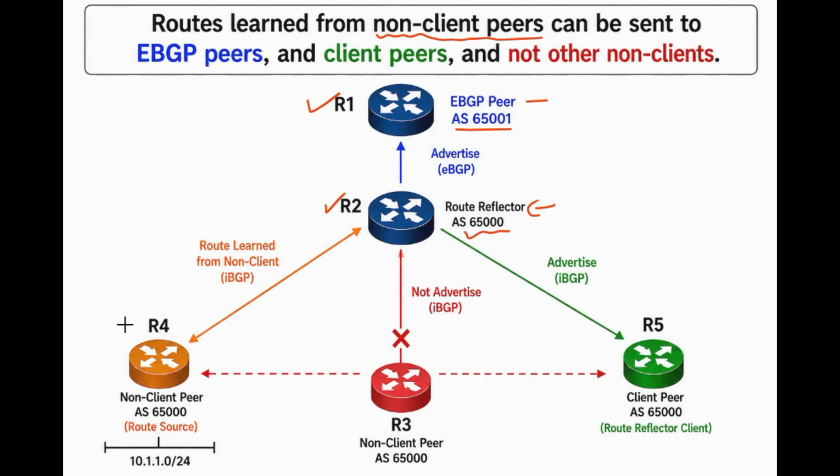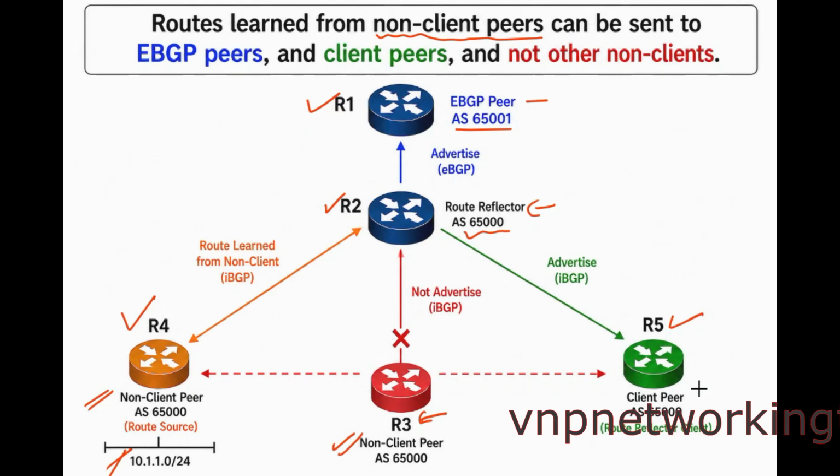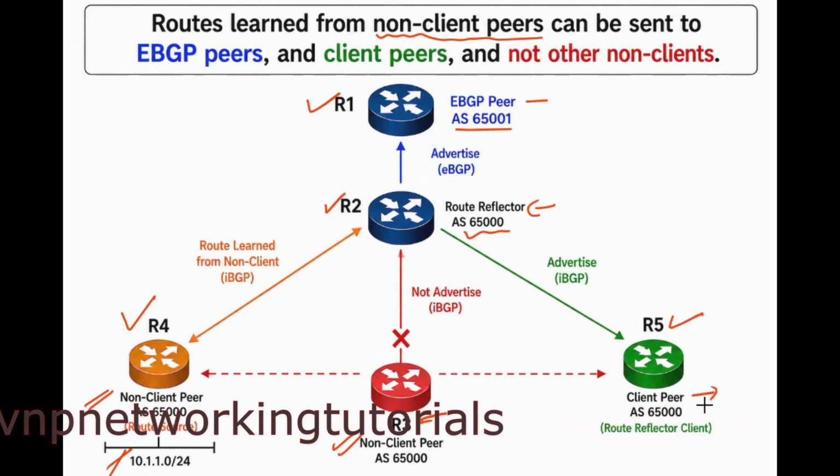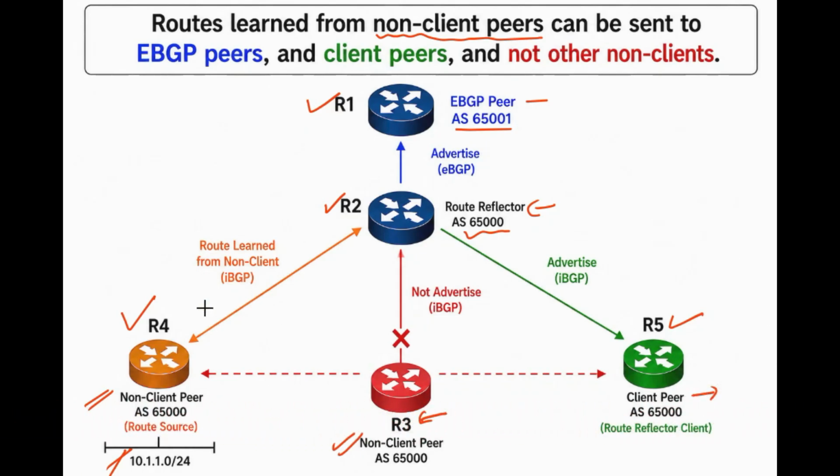R4 is a non-client peer hosting the network 10.1.1.0/24. R3 is another non-client peer and R5 is a client peer. So here the source is R4, which is publishing network 10.1.1.0 to the route reflector.